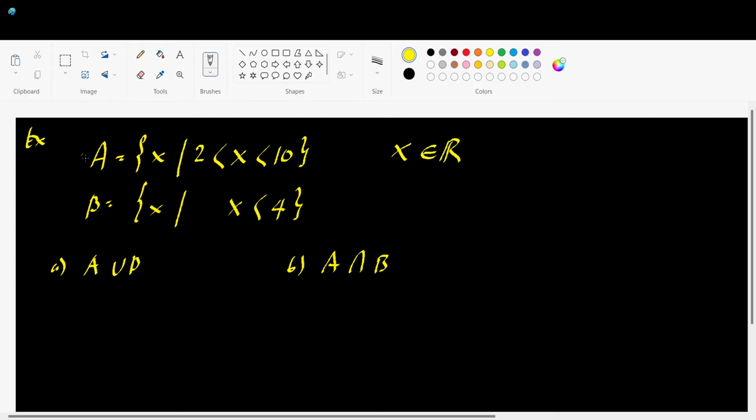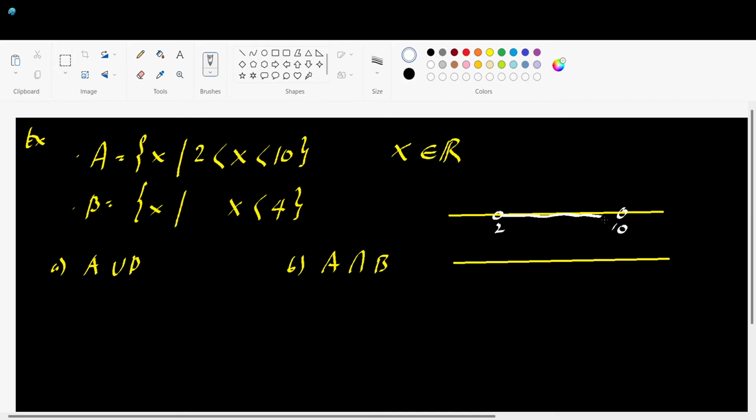So it is understood that x is a real number. So between these two sets of real numbers, let us identify the union of sets A and B. Union means we combine all elements of A and B. Let us illustrate. For set A, it will be the numbers between 2 and 10.